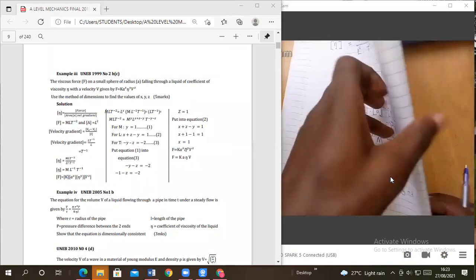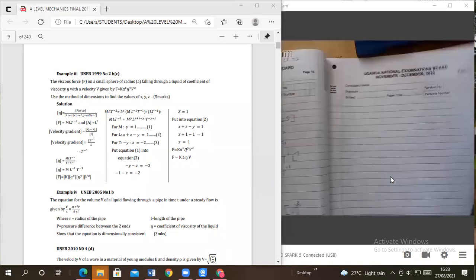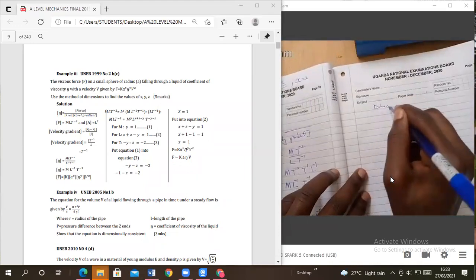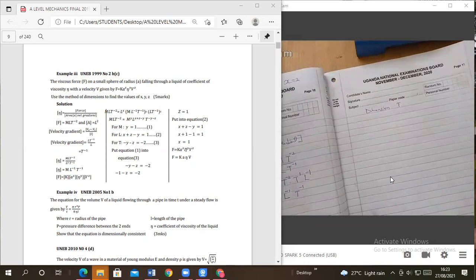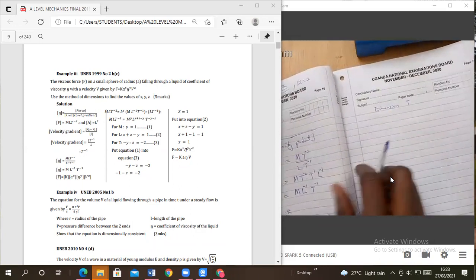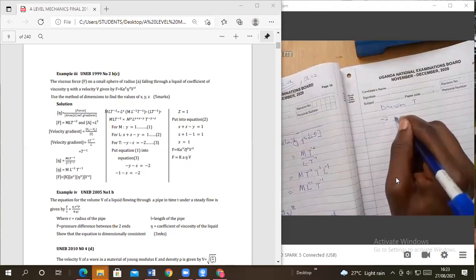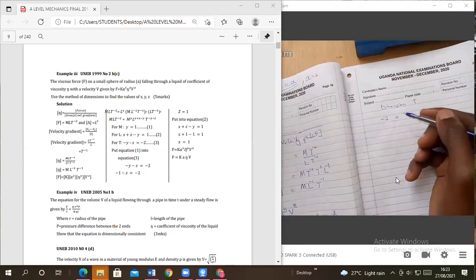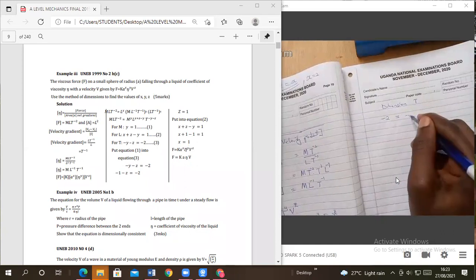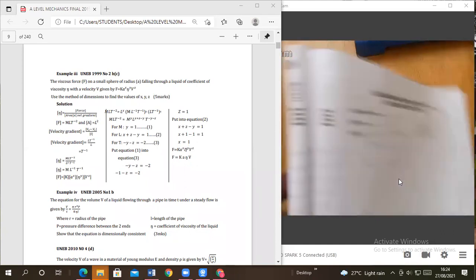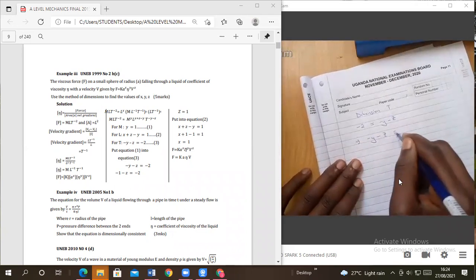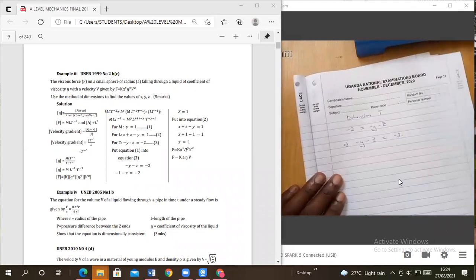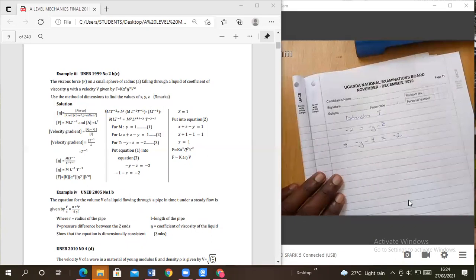Now we go to the dimension of T. For T, what do we have on the left? Negative 2. Negative 2 equals to what on the right? Negative Y minus Z. So it becomes negative Y minus Z equals to negative 2. But members, we have already got the value of Y, which means we can get Z from here.